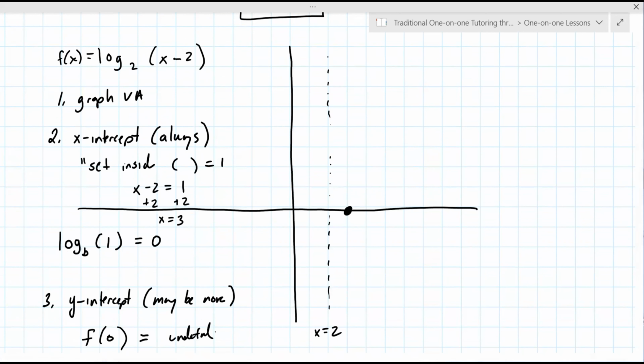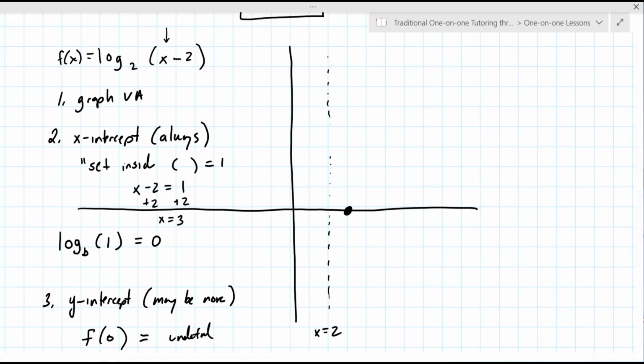So you try 0 for x. But we already did that, and that's what I was trying to show you: we have actually already calculated this. This is putting 0 in right up here where x is 0. And it's undefined, it doesn't work.